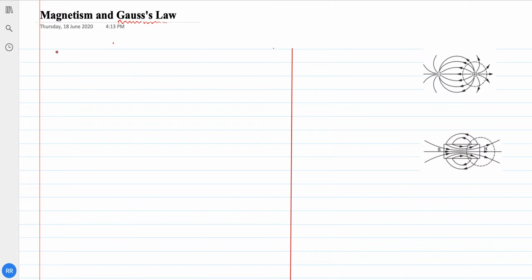According to this law, the net magnetic flux through any closed surface is zero. If I want to write this mathematically, I can write it as B dot dS is equal to 0.